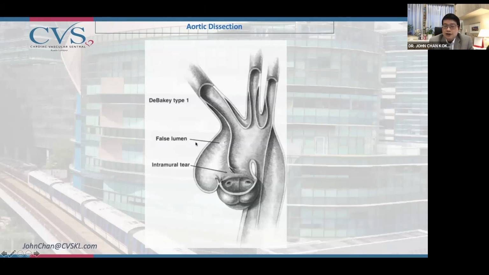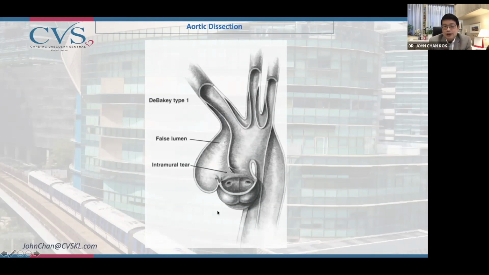And of course, the main risk of this condition is that if it's not treated urgently, the remaining layers of the aorta may also tear, and if that happens, then of course the patient will not survive. The other thing which can happen is the tear may occur with leakage of blood into the pericardium, causing pericardial tamponade, and that would again be a cause of mortality.